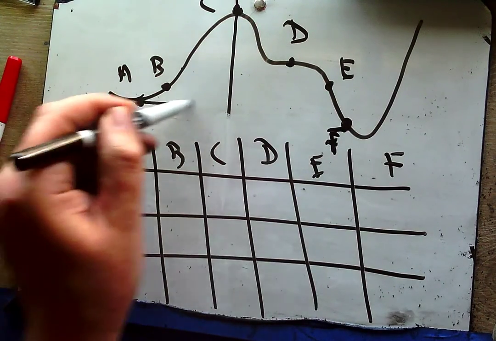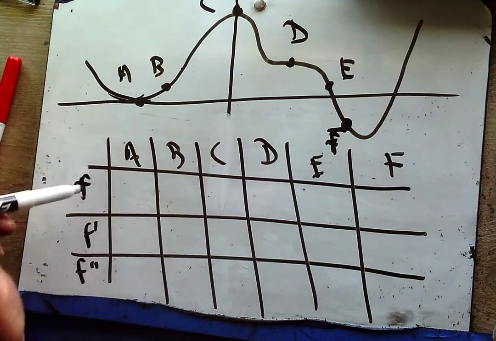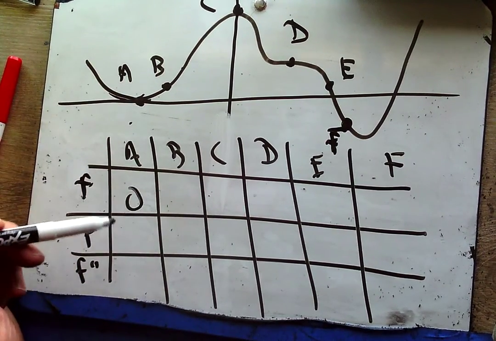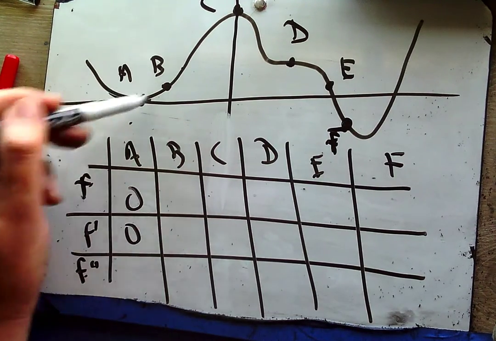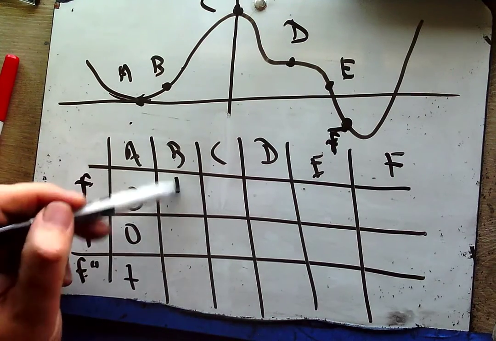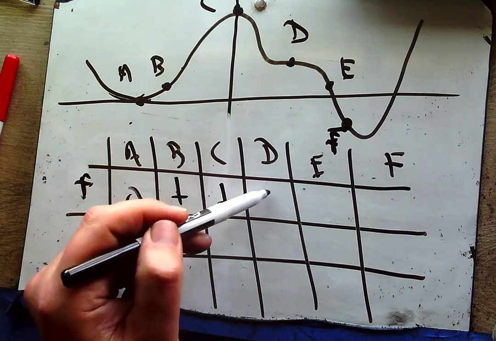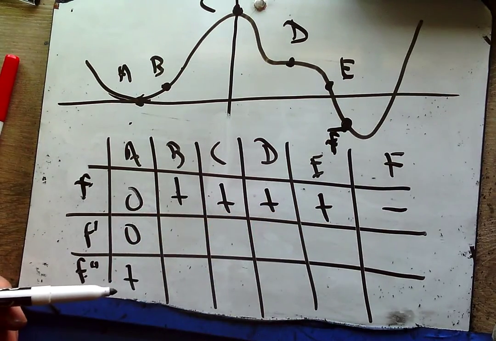There we go. Okay, so f of A is 0. F of B is positive. C is positive. D is positive. E is positive. F is negative.